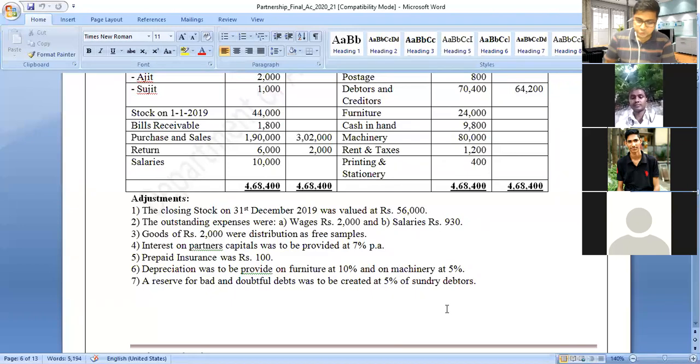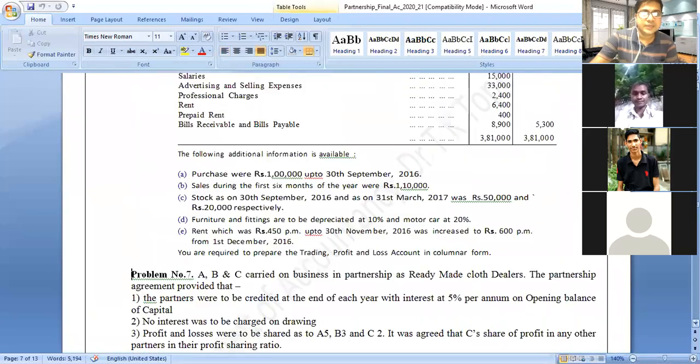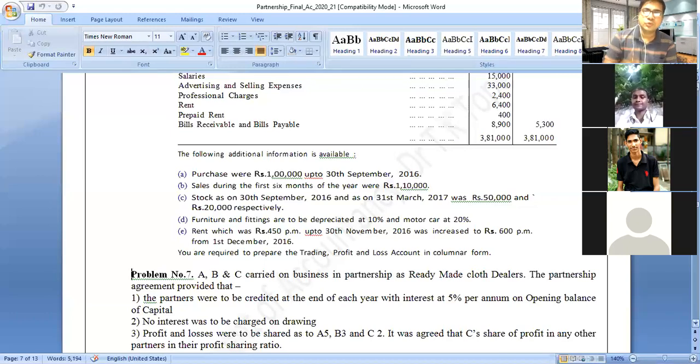I hope you understood this particular chapter. In the next lecture, whenever we come, we will discuss problem number 7. Those students who don't have the notes, I have already provided a PDF.